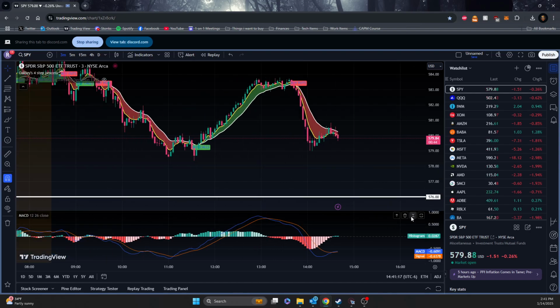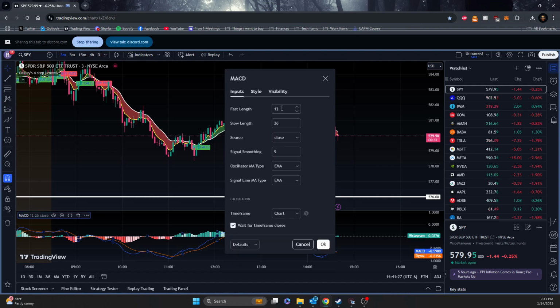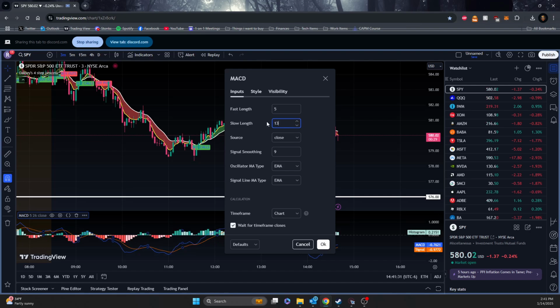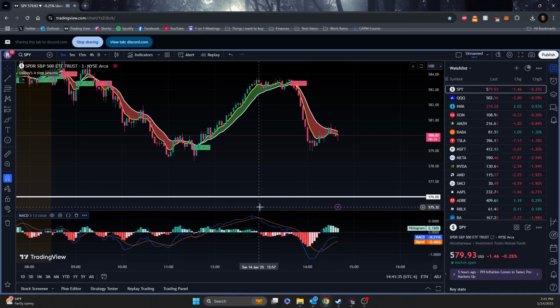So I guess it's going to be a little difficult unless, let's delete that VWAP and see if I can get the MACD inputs. Let's do the fast length of 5, and we'll do this at 13. Oscillating type is EMA. See if we can get those to line up. See, it doesn't quite look the same.